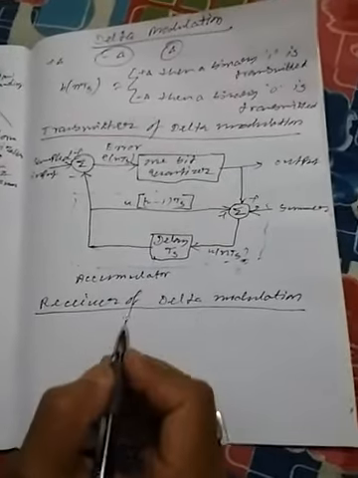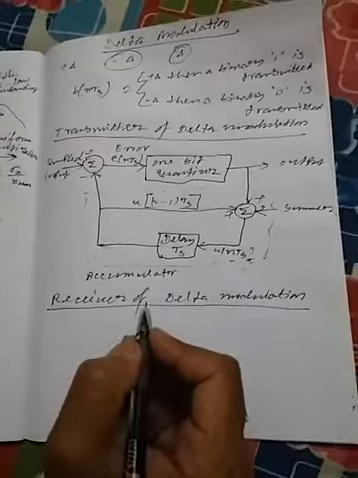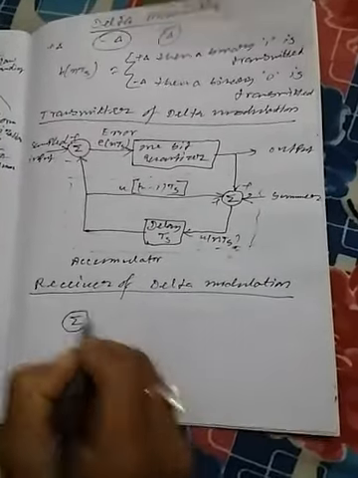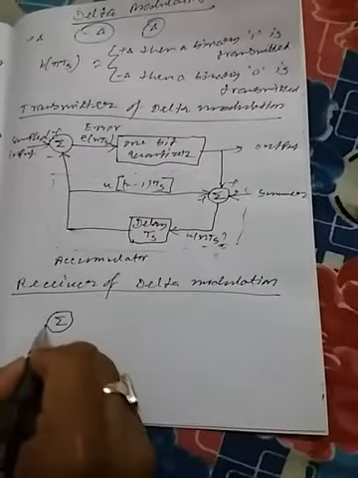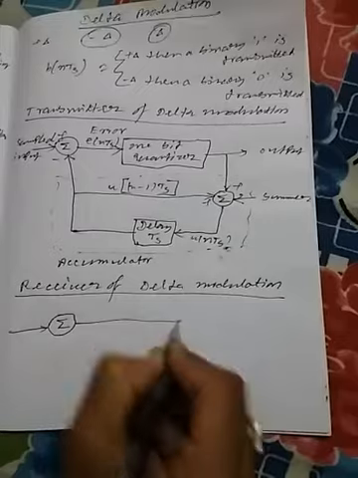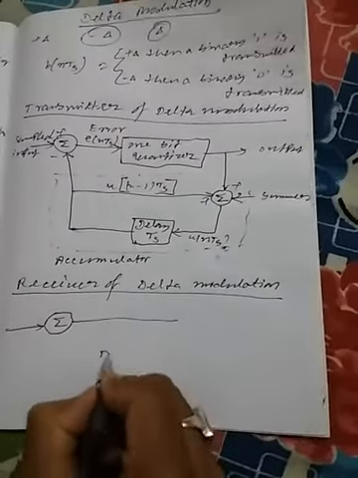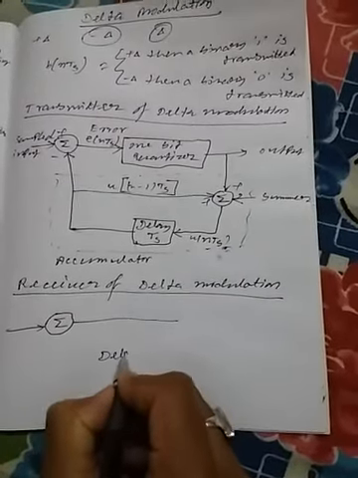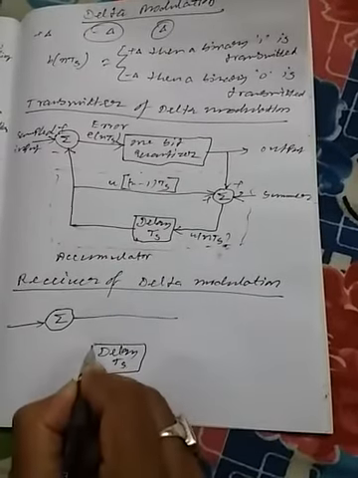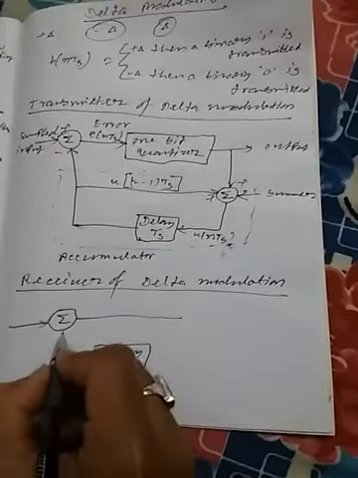The receiver part of delta modulation consists of this accumulator, so it consists of a summer. Here is the input, and here is a delay unit. Delay time is Ts, right?